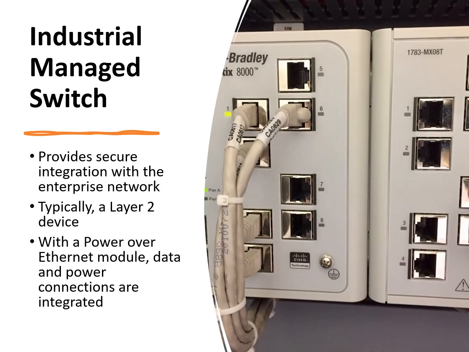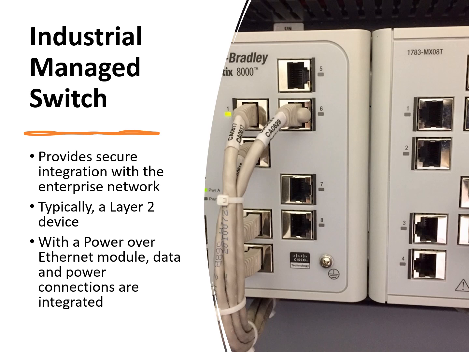A more advanced industrial managed switch, the Rockwell Automation Stratix 8000, is shown in the figure. This industrial Ethernet switch, built with Cisco technology, is a modular managed switch with a powerful feature set that provides secure integration with enterprise networking using tools familiar to IT professionals.